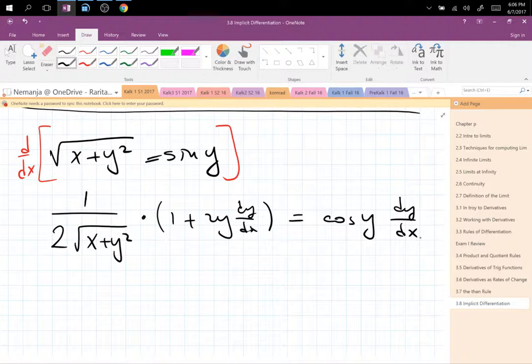I'm stuck on this part. So, yeah, it's easier, right?